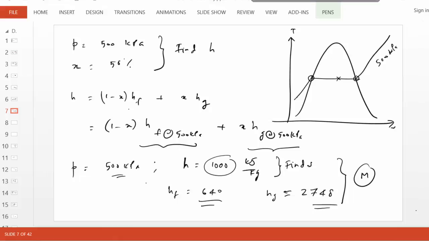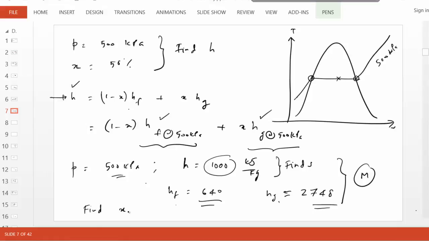So what you do, now that you know H, HF and Hg, we can use this formula to find out X first. Once you find X, because as you can see, we know HF, we know Hg, and we know H, therefore X is the only unknown, one equation.